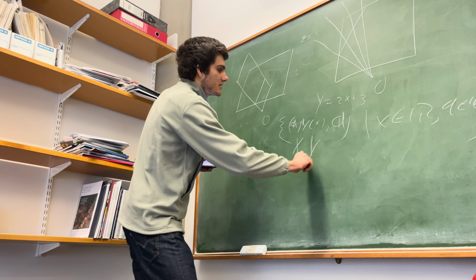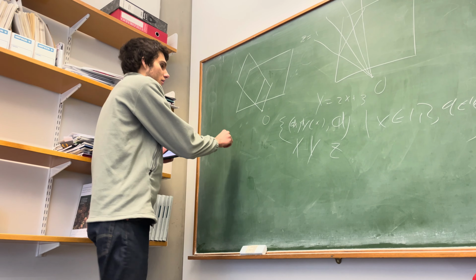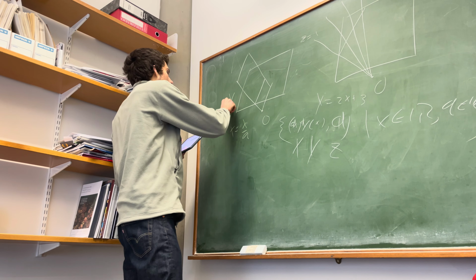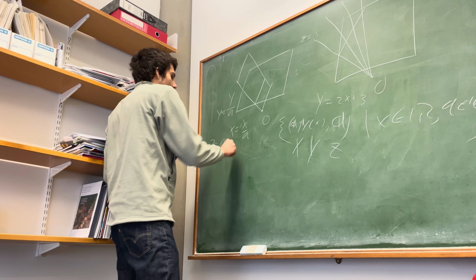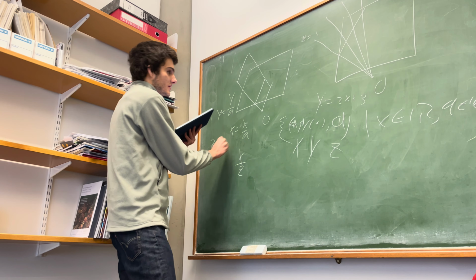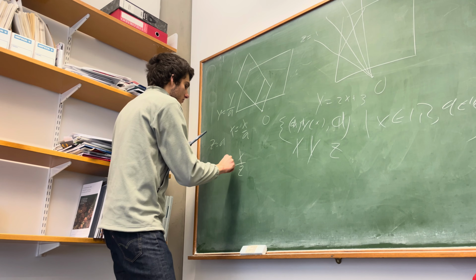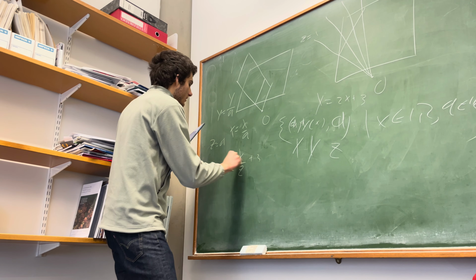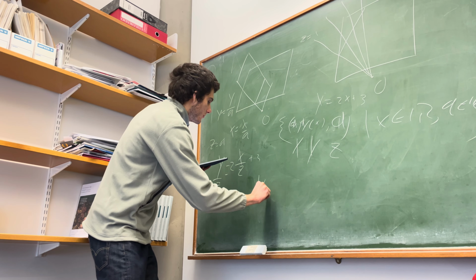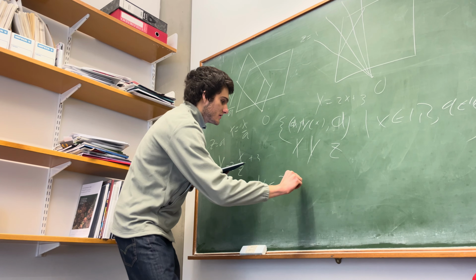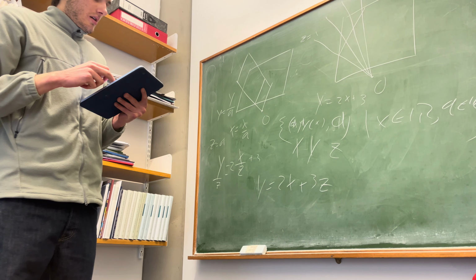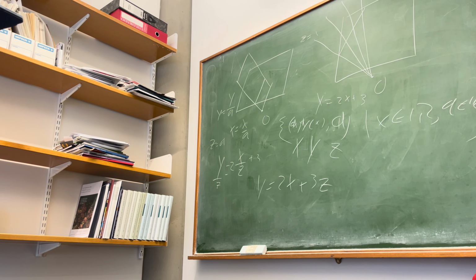I call this point (X, Y, Z), and we see that little x is equal to X over a, little y is equal to Y over a, and z is equal to a. Substituting this back into the equation, we get 2 times X over Z plus 3 is equal to Y over Z, and we multiply both sides by Z to get a homogenized equation. And this is what it looks like.